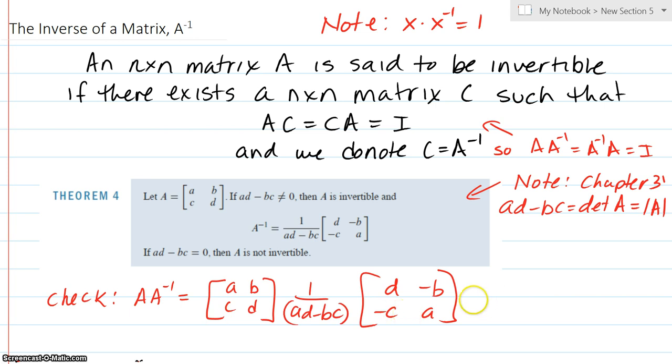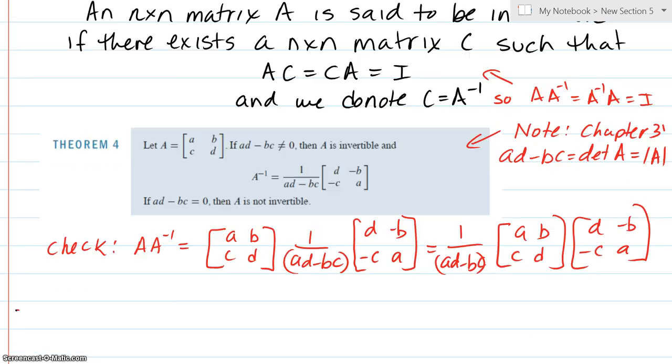So here it is. This is just a constant, so I can put it on the left side. And if we just start multiplying this, we have a 2 by 2 with a 2 by 2, so the result is going to be a 2 by 2. The first row, first column is going to be AD minus BC. The first row, second column is going to be negative AB plus AB, which is 0.